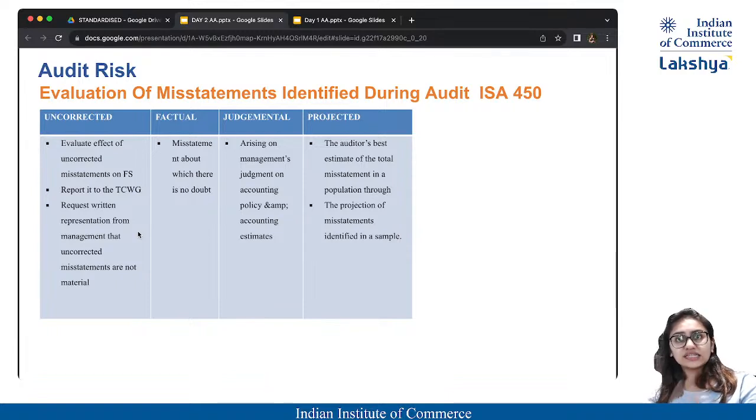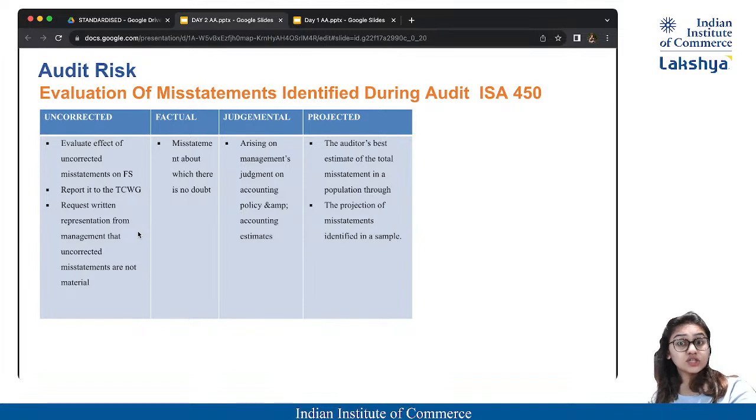So if I'm saying anything other than that, that means my misstatement is so much that it is factually wrong. So there is no doubt about this misstatement and it needs to be corrected. So that is a factual misstatement about which there is no doubt. It is wrong, it is wrong. By the very fact itself, it is wrong. So that is factual misstatement.